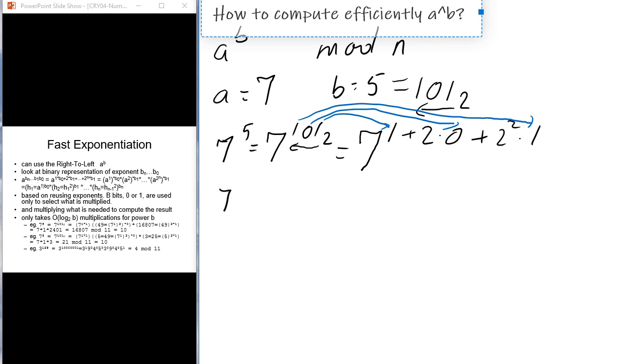So this is equal to 7 at power 1 times 7 at power 2 times 0, which we write in two pieces: 7 at power 2, everything at power 0, times 7 at power 2 squared, which we can write as 2 times 2 also in this case.